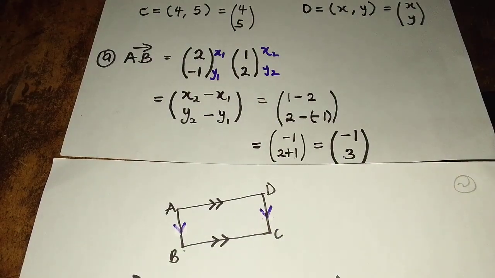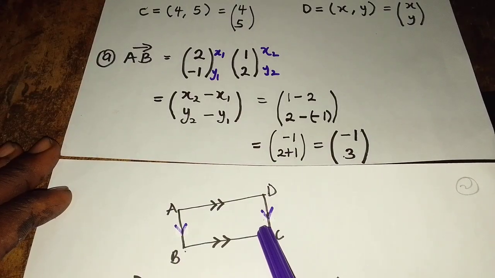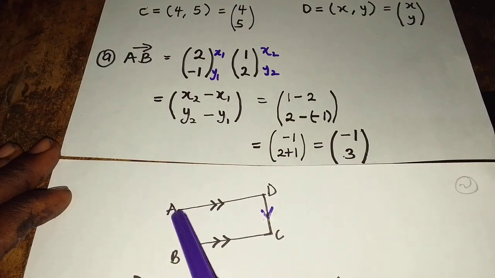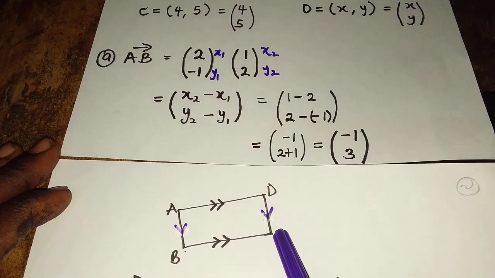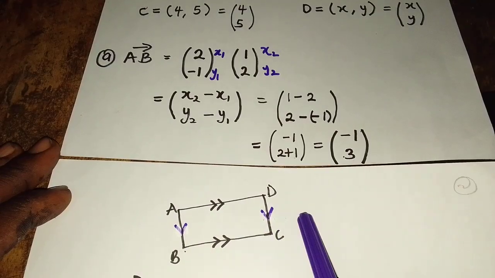For a parallelogram, the opposite sides are equal and parallel. So this side AB should be equal to DC, because they are opposite sides of a parallelogram.